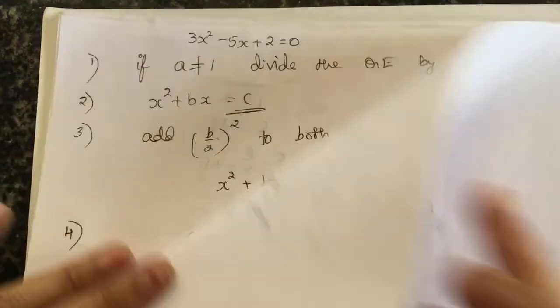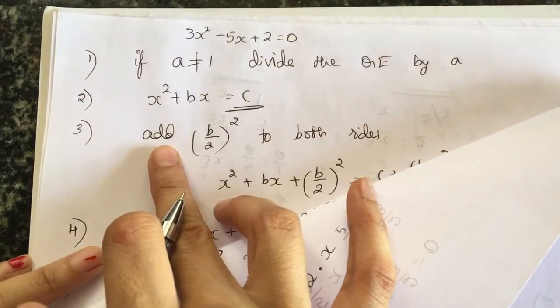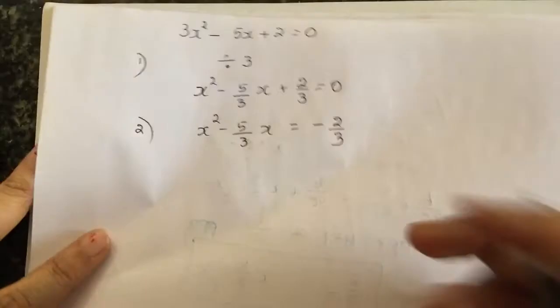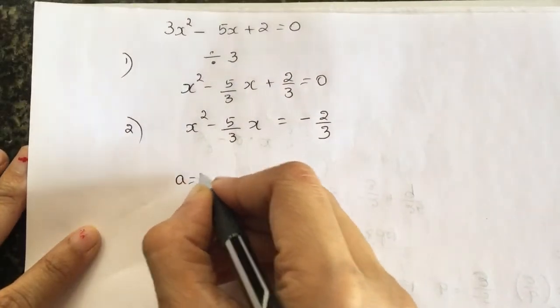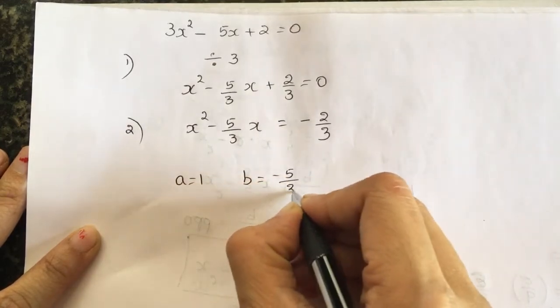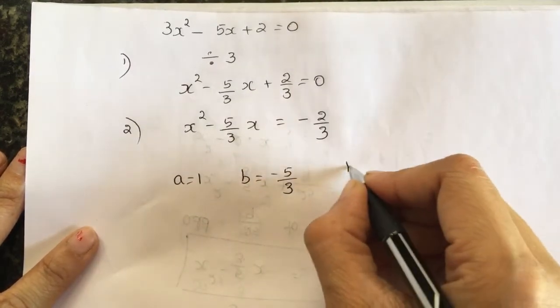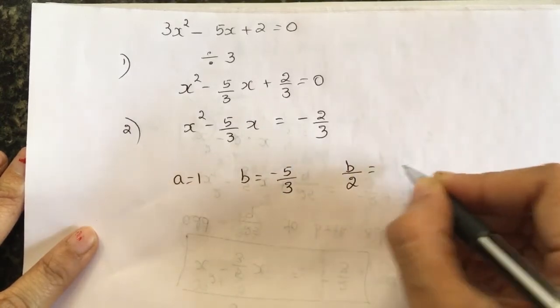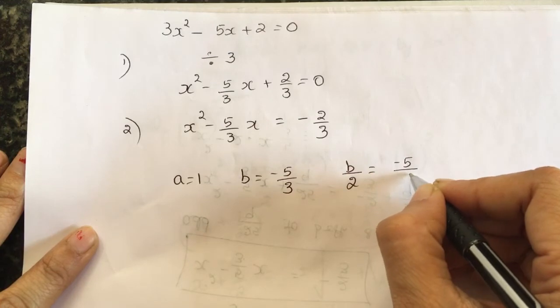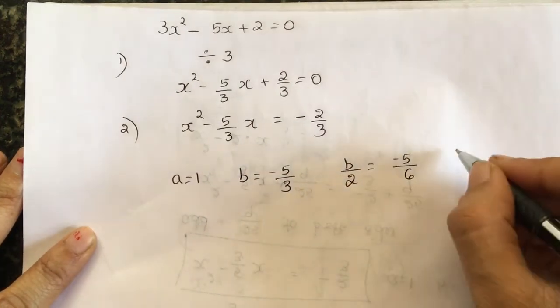Once you write it like this, then you have to add b by 2 whole square to both the sides. Here a is 1 and b is minus 5 by 3. I need to add b by 2 whole square. B by 2 is minus 5 by 3 into 1 by 2, so it's minus 5 by 6.